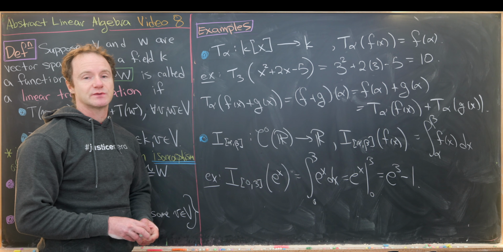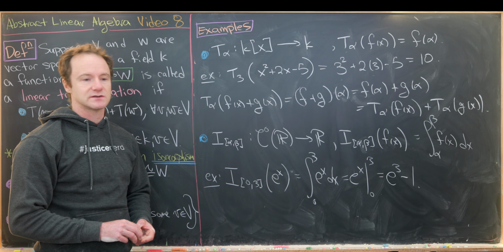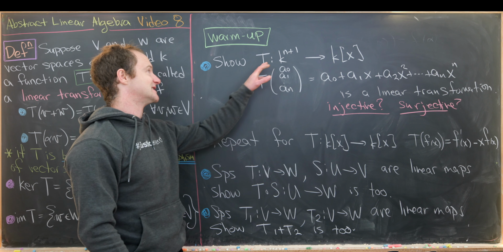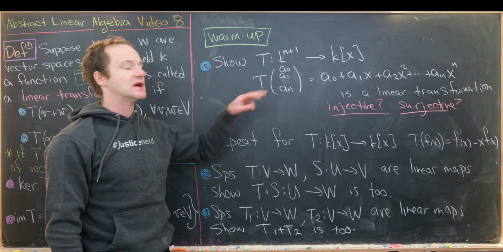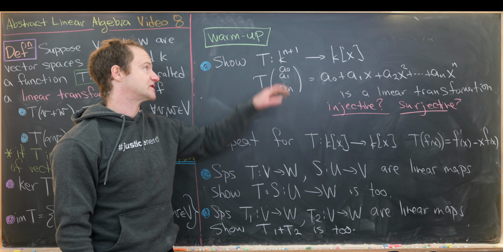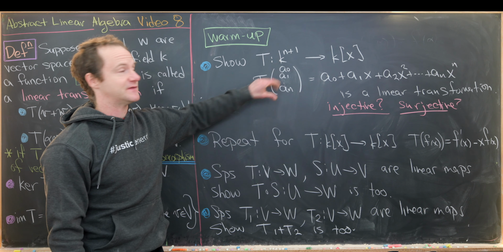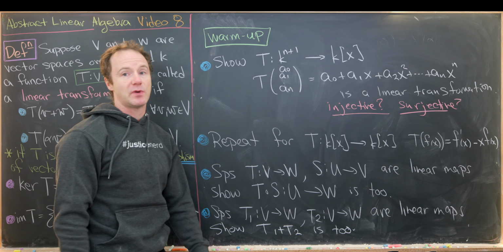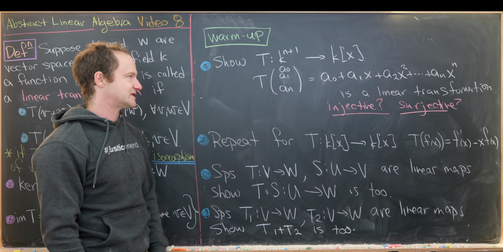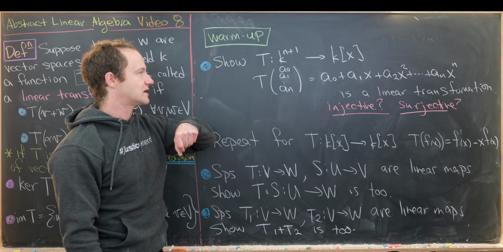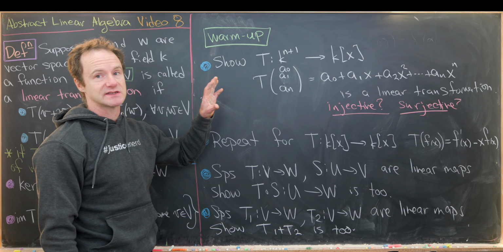Okay, so I think that's good for examples. Now I'm going to leave you guys with a couple of warm-up exercises. I've got 4 nice warm-up problems to leave you with. So the first is a map from K^(n+1). Let's recall that those are n plus 1 tuples with entries in K written as vectors. And the codomain here is the space of all polynomials with coefficients in K. So here we've got our vector with n plus 1 components. I've labeled those components slightly differently here.